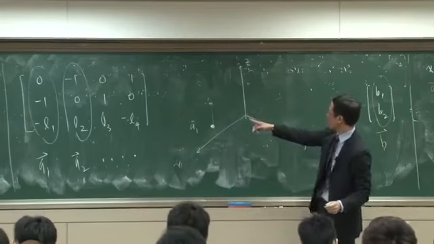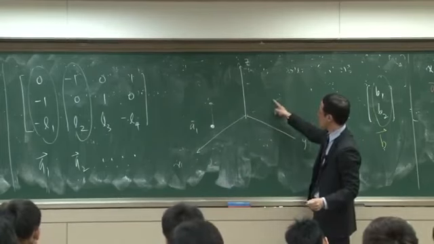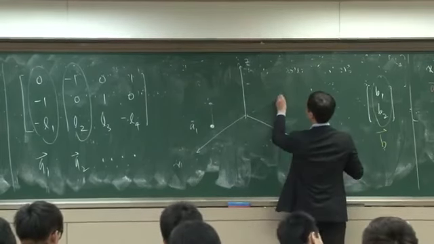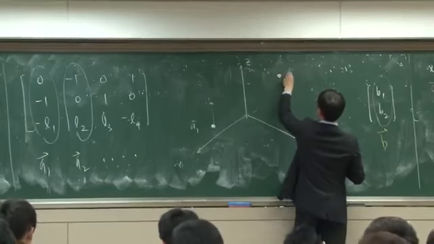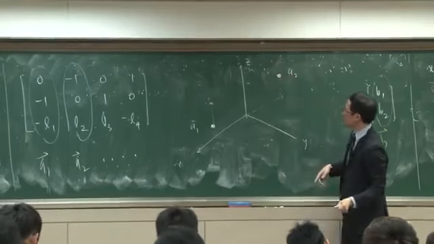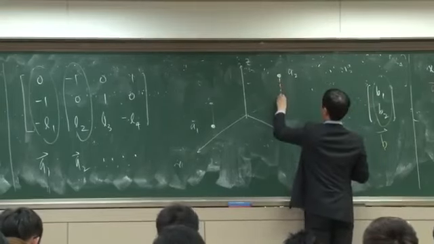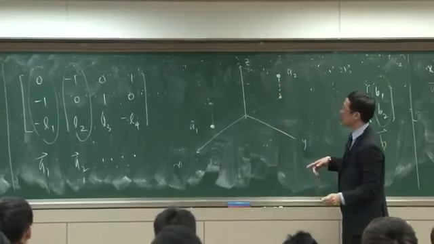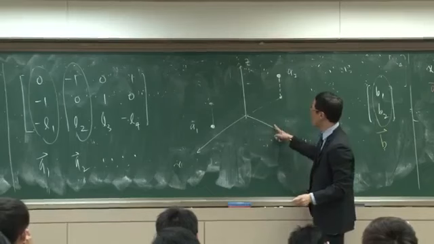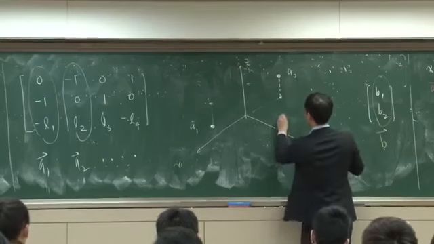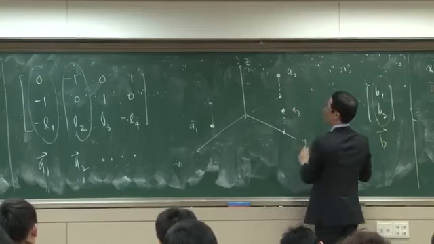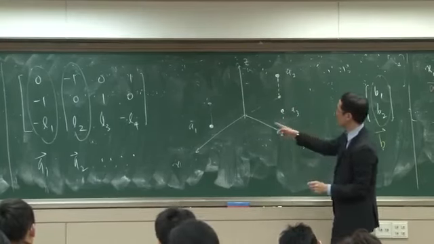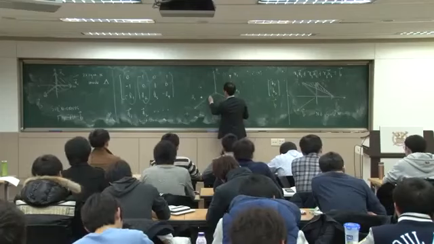My A2 is minus 1, 0, L2. So maybe, I don't know, here. This corresponds to point A2. A3 is 0, 1, L3. That'll be my point A3. A4 finally is 1, 0, minus L4.